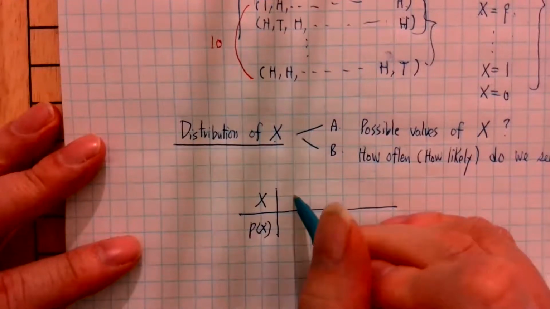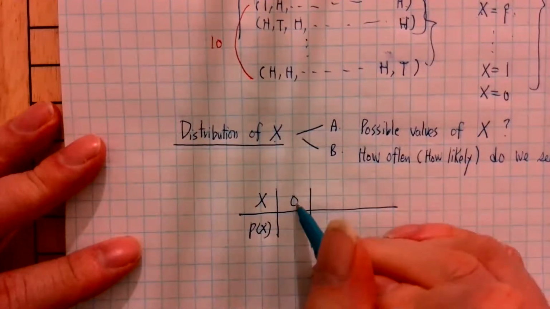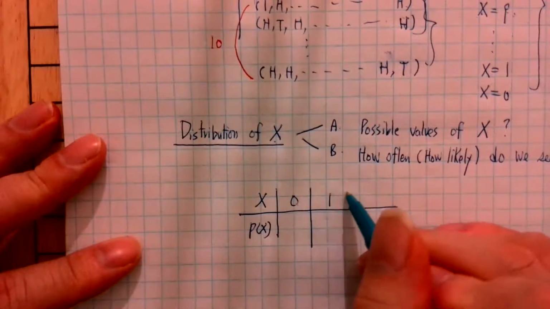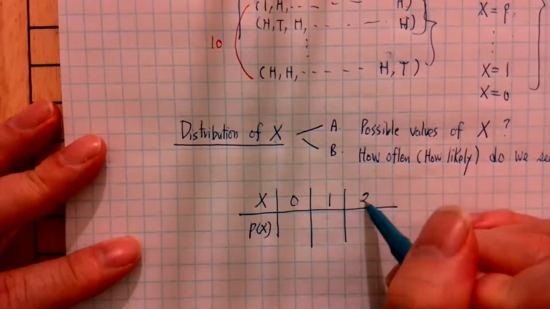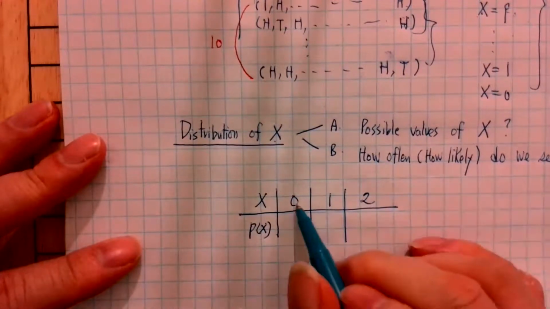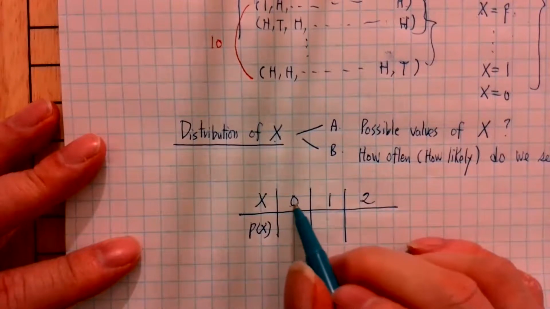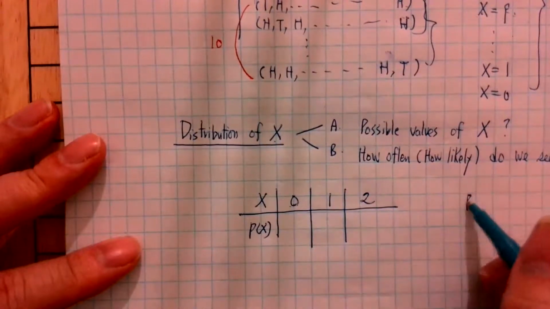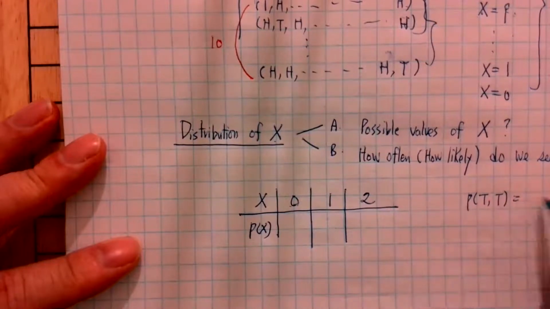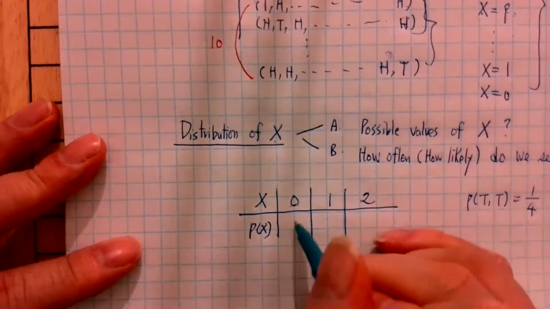x equal to 0. In two flips, you see two tails in a row. Exactly one head, or exactly two heads, okay? Exactly one head, exactly what? Two tails. As I mentioned, this is 1/4.